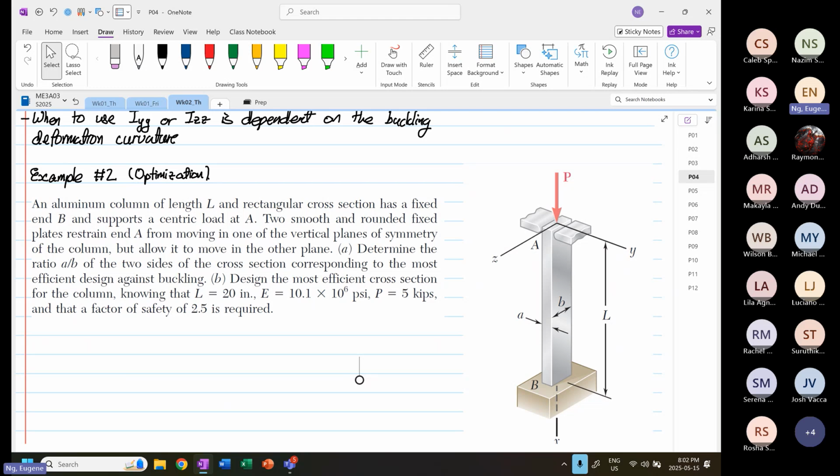Okay, so this is the part that we are not sure of now. Okay, so too smooth.